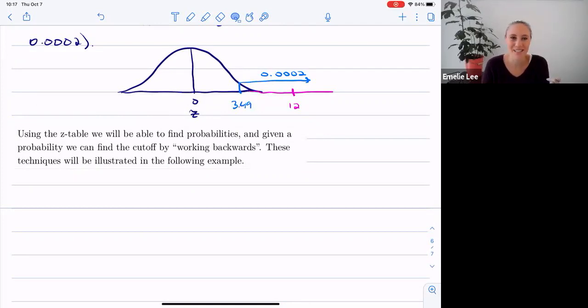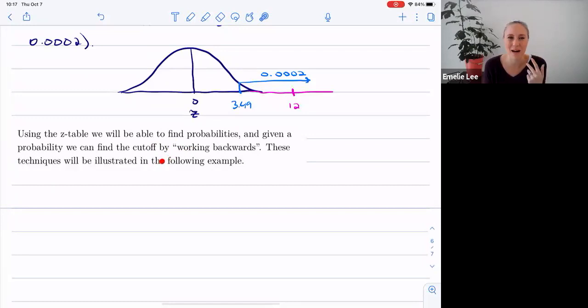I think it'll be perfect to wrap up this section tomorrow. So using the Z table, we're going to be able to find probabilities. And if we have a probability that we want, we can find the cutoff by working backwards.